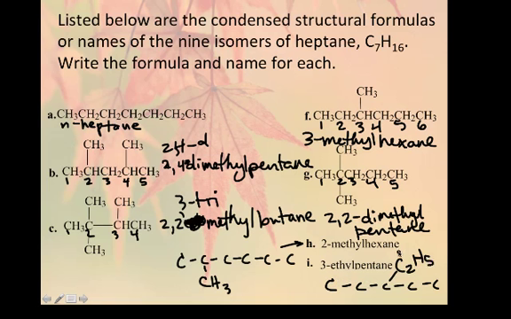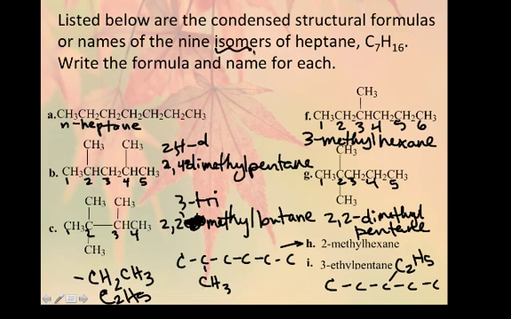You could also show it as CH2, then CH3. That's allowed. Ethyl groups we could write as CH2, CH3. That's the same as C2H5. So that's how we deal with naming these.